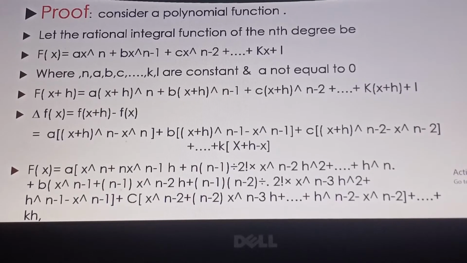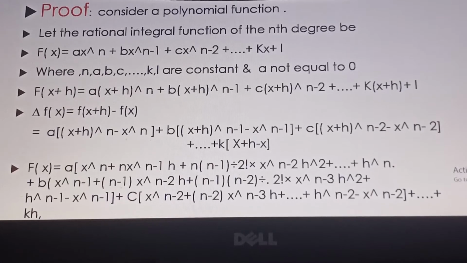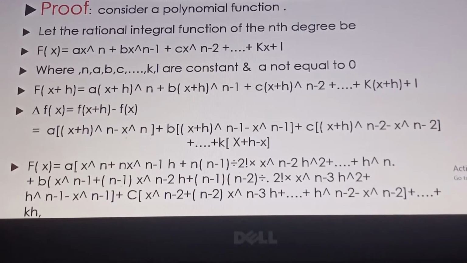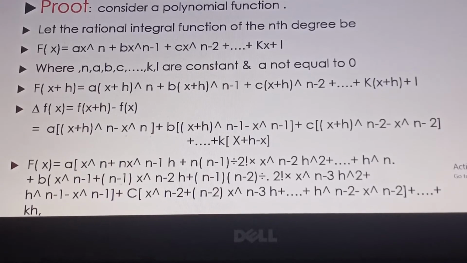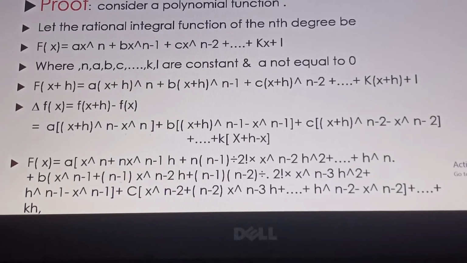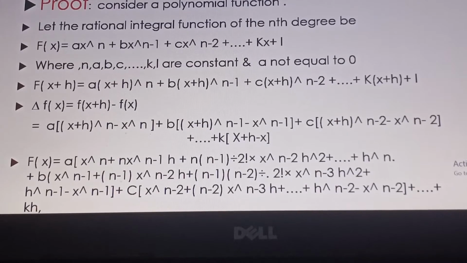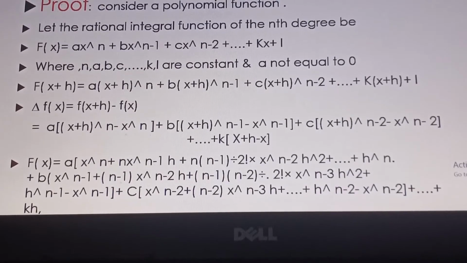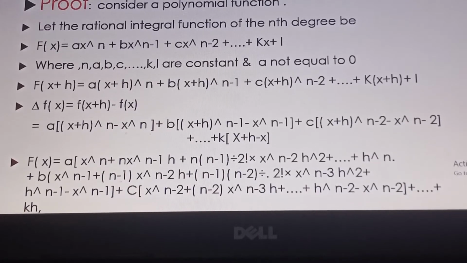So we get the difference: delta f of x equals f of x plus h minus f of x equals a into x plus h raised to n minus x raised to n plus b into x plus h raised to n minus 1 minus x raised to n minus 1 plus c into x plus h raised to n minus 2 minus x raised to n minus 2 plus up to k into x plus h minus x.